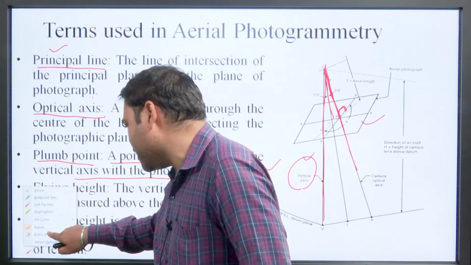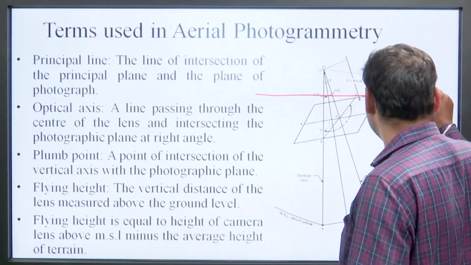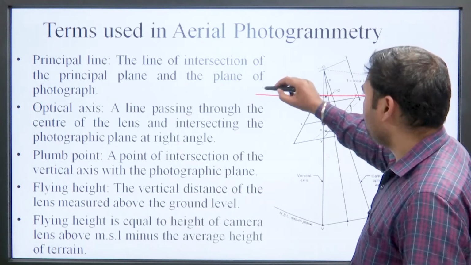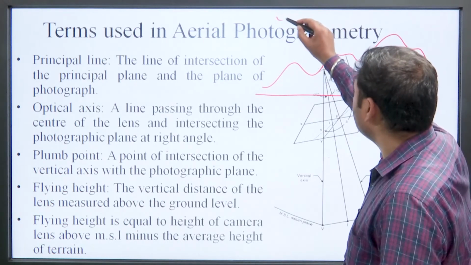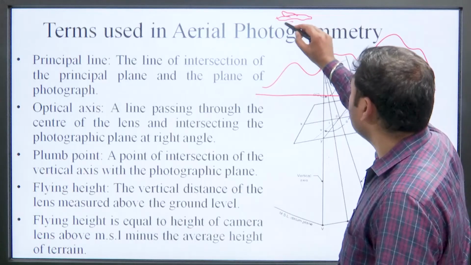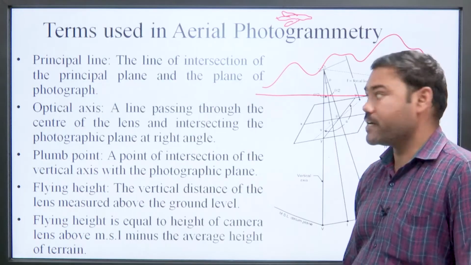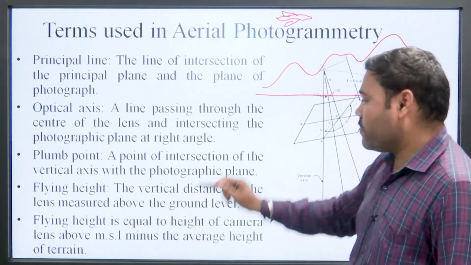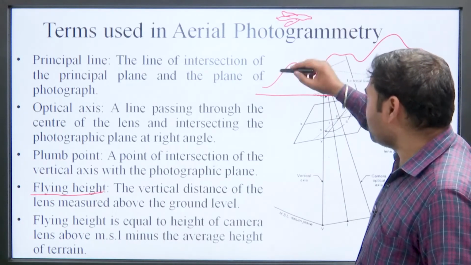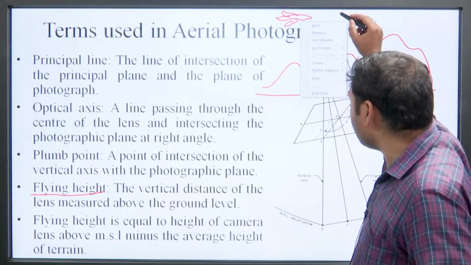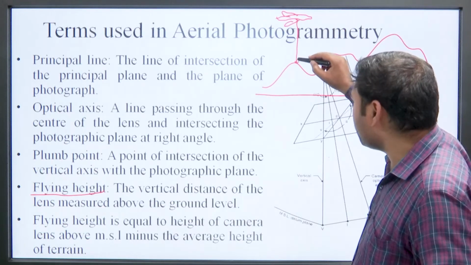Talking about flying height, assume this is a datum or mean sea level, and this is the elevation of the ground, and there is a plane in which a camera is mounted. Defining flying height, we can say that it is basically the height of the camera above the ground level, not mean sea level, only the ground level.